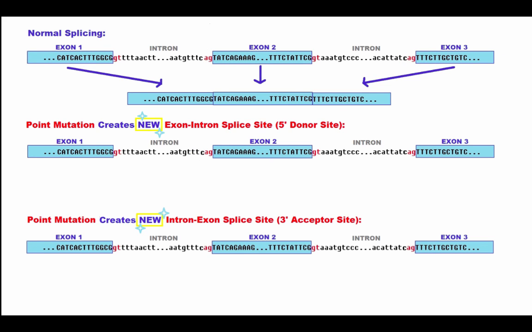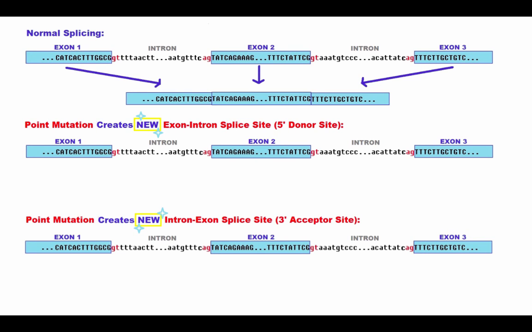All right, so the intron exon splice sites or 3' acceptor sites occur at the right-hand side or 5' side of exons. This is the side which accepts the donation of the 3' side of an adjacent exon after the introns have been removed. So again, we're going to redraw our 3' and 5' sides.